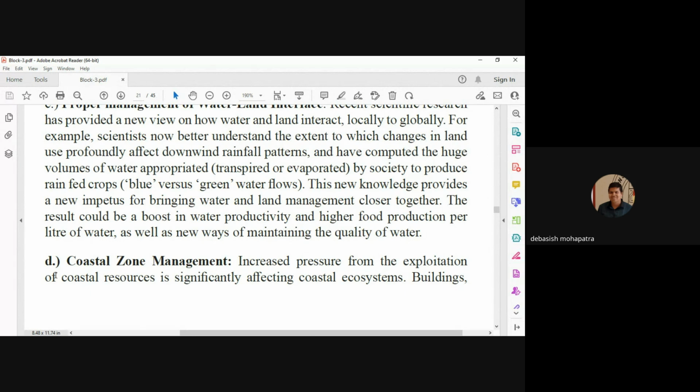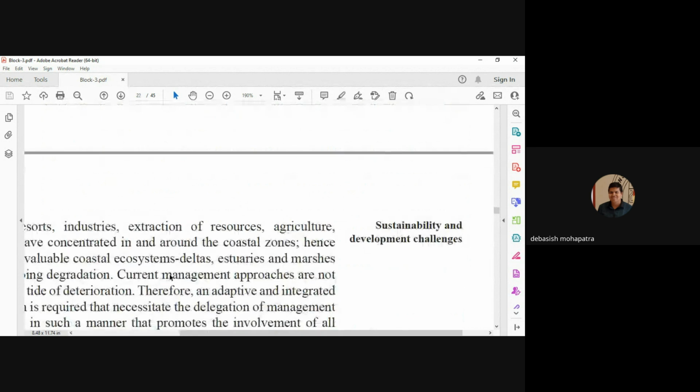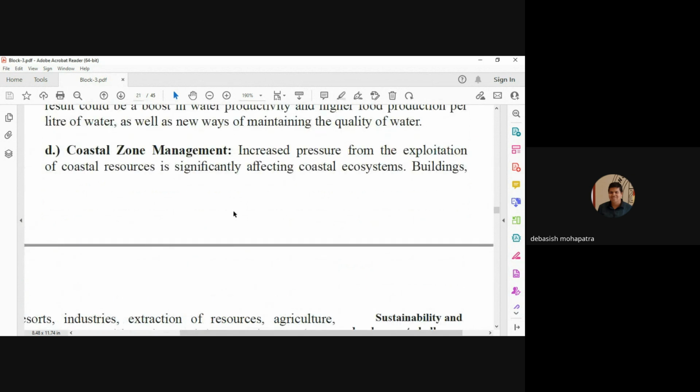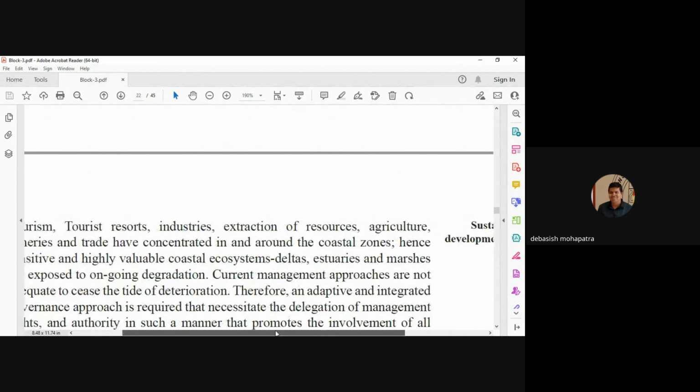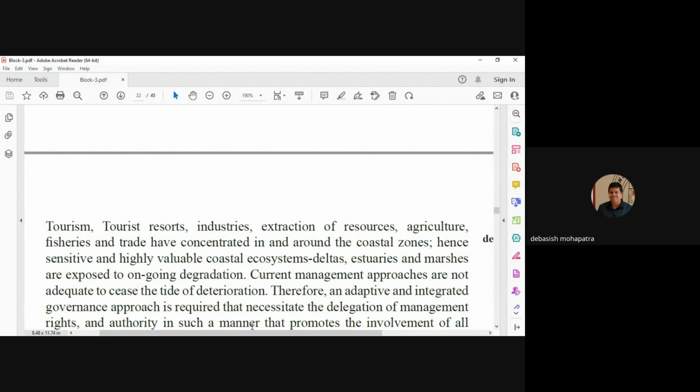Coastal zone management. Increasing pressure for the exploitation of coastal resources is significant in coastal ecosystems. Building, tourism, tourist resorts, industries, extraction of resources, agriculture, fisheries, and trades have concentrated in and around the coastal zone.